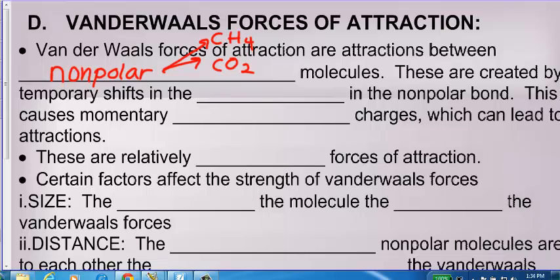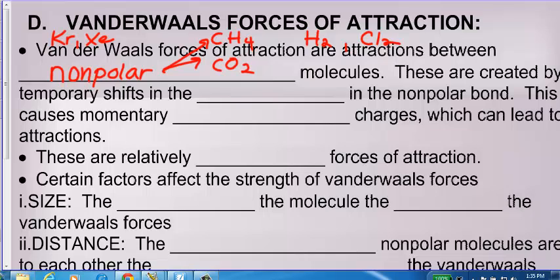All your diatomics have them, like hydrogen, chlorine, etc. They all have them because they're all nonpolar molecules. Even your noble gases have them, like krypton and xenon. They're considered nonpolar molecules because Lord knows they don't have charges. So they have these weak IMFs, van der Waals. Okay? Remember, a nonpolar molecule doesn't have any partial charges.